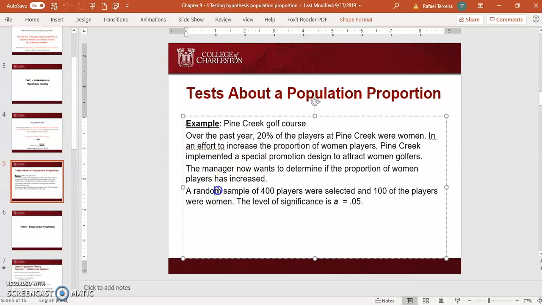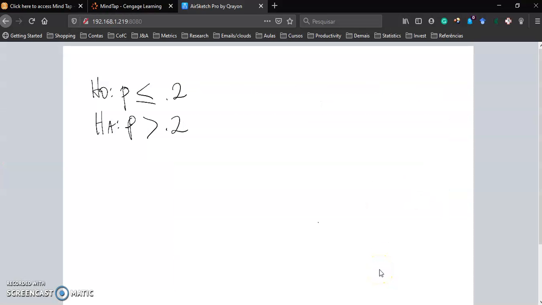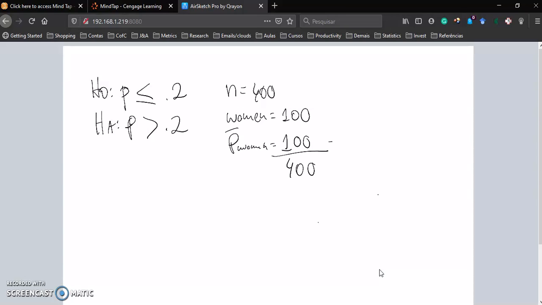Okay, a random sample of 400 players. So I have a sample of 400, and 100 are women. The proportion in the sample that are women is 100 divided by 400, which is 0.25.